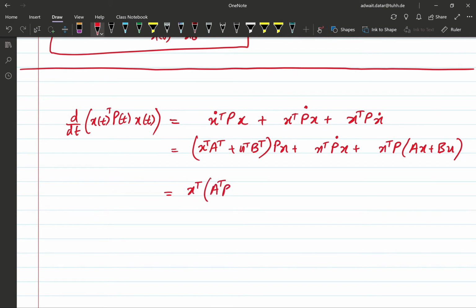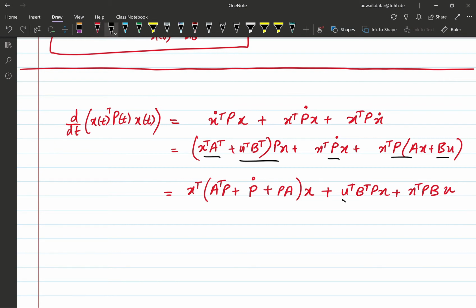Now I will collect all the x transpose Ax type terms together: x transpose (A transpose P plus P dot plus PA) x, and what is left is u transposed B transposed Px plus x transpose PBu.